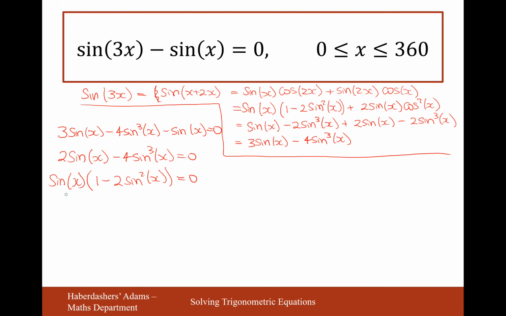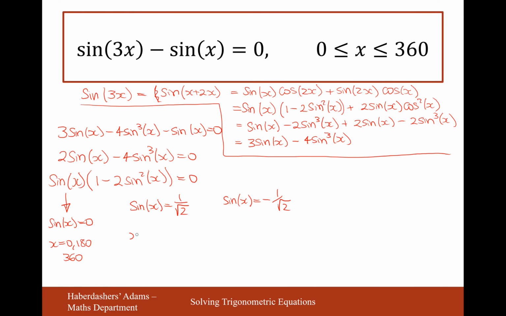And then we get two little equations. We either get sine x equals 0, in which case x is equal to 0, 180 and 360. Or we get this expression here is equal to 0, in which case sine x will equal positive 1 over root 2, or sine x will equal minus 1 over root 2.